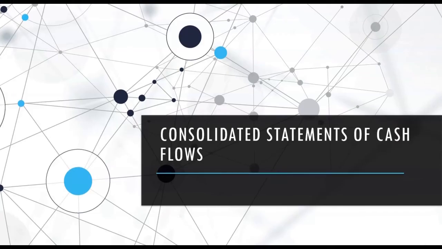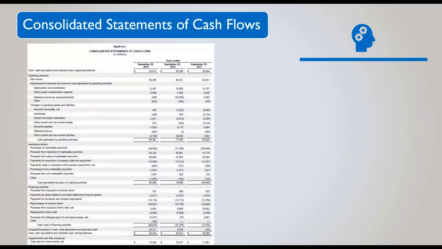In this section, we will go through the consolidated statements of cash flows. So here we have the statement of cash flows, and the objective of this statement is to show us the actual cash movement between the various categories, such as the company's operating, investing, and financing activities.